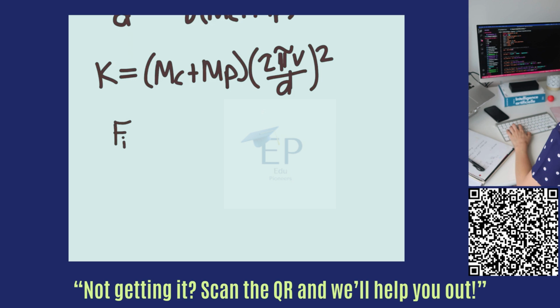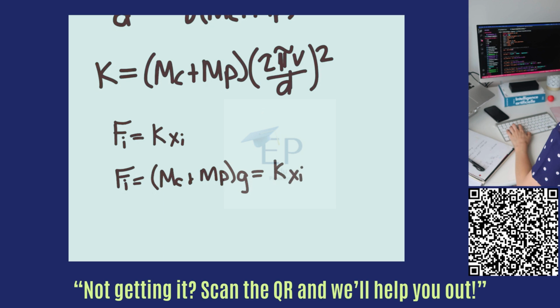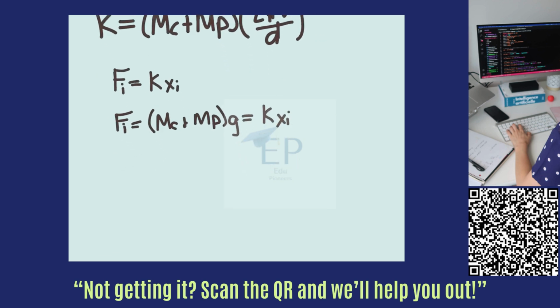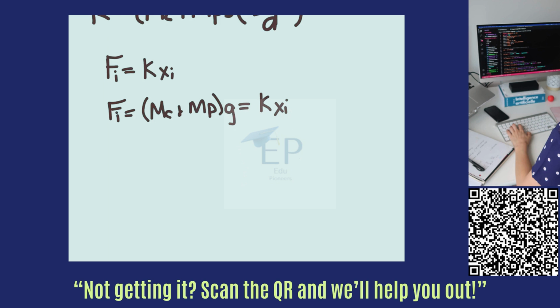So we have our force initial is going to be k x_i, and here force is the force of gravity, and initially the mass is the mass of the car plus the 4 people, so we can also write this as force initial equals the mass of the car plus the mass of the people times gravity, and we can make that equal to our k x_i, and solve for x_i.